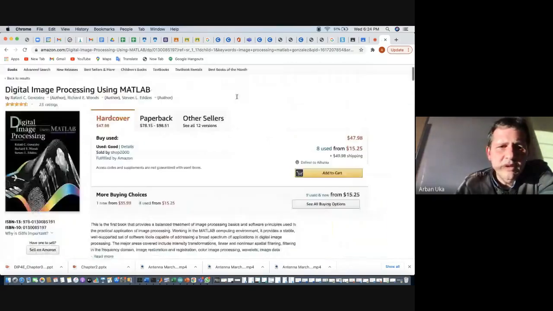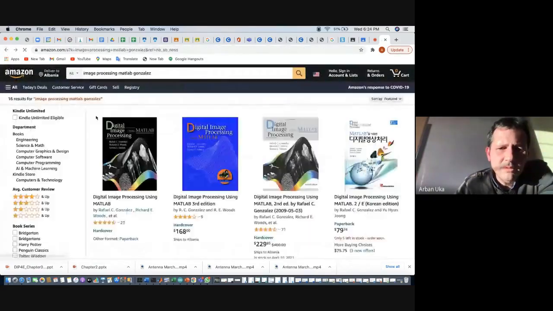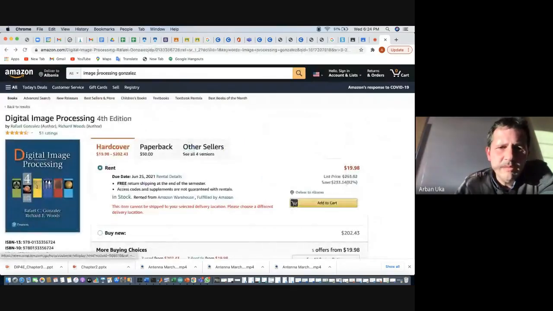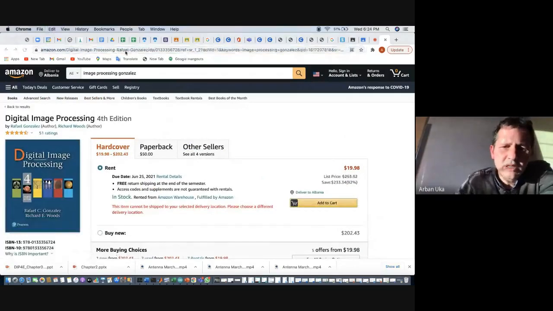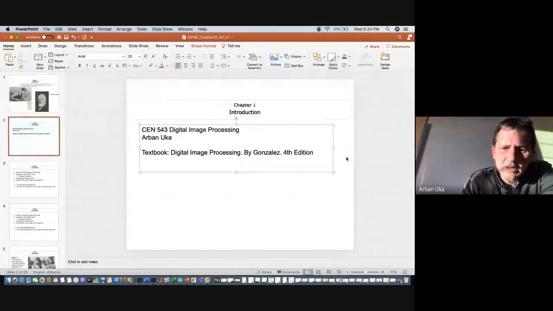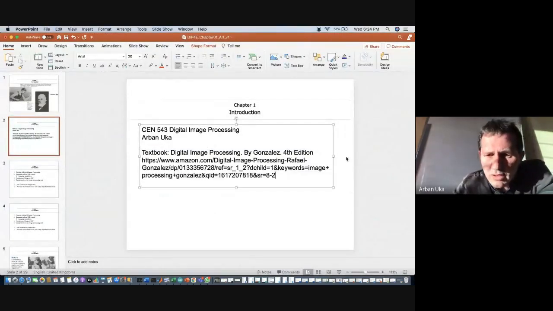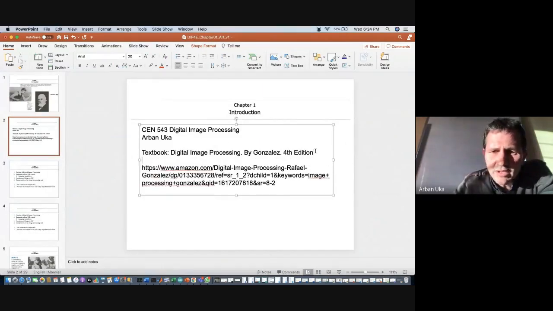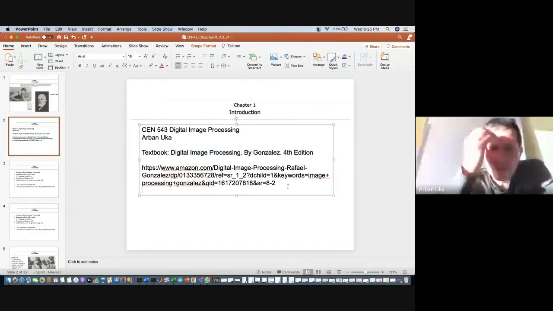So in principle, this is all the textbook that we are going to cover this semester, Digital Image Processing. I can put this link also here, while it's not very essential because it's very easy to track the textbook just by using this much information. This textbook is in the library, so you can borrow it.